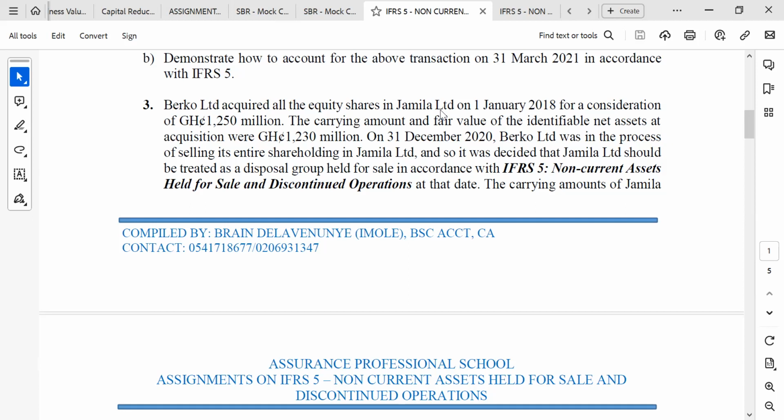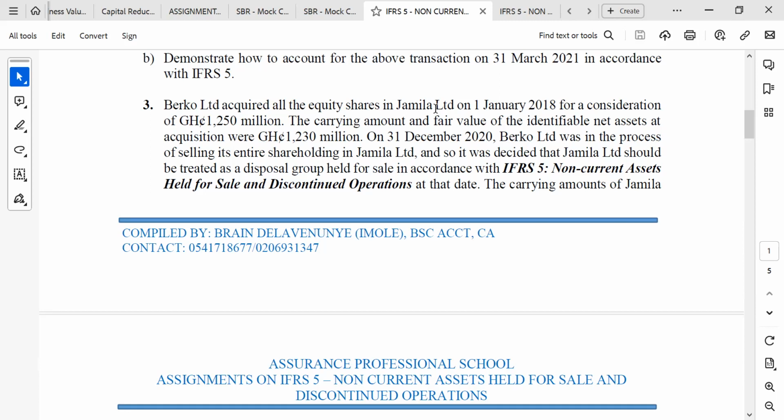Beacon Limited acquired all the equity shares in Jamila Limited on 1st June 2018 for a consideration of 1,250,000 Ghana cedis. The carrying amount and the fair value of the identifiable net assets at acquisition were 1,230,000 Ghana cedis.